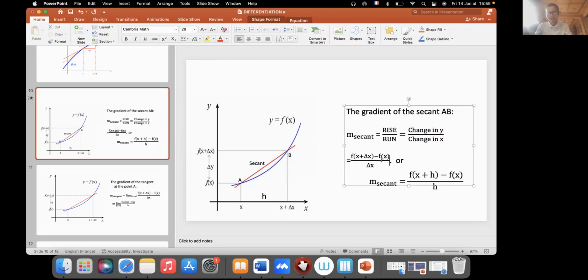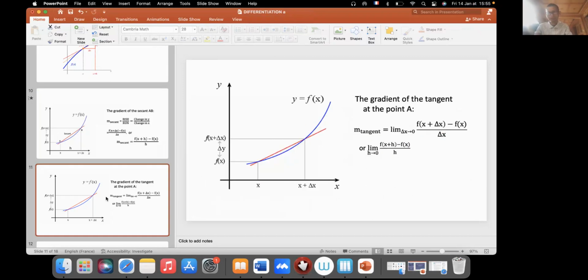So the change in y is f of x plus delta x minus f of x, right? The change in x is delta x, right?